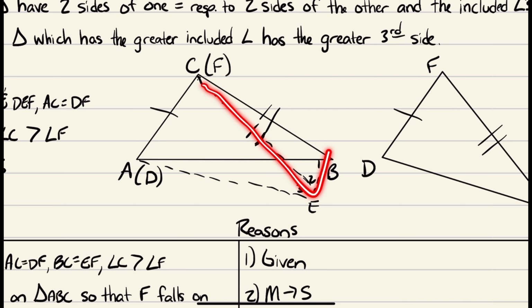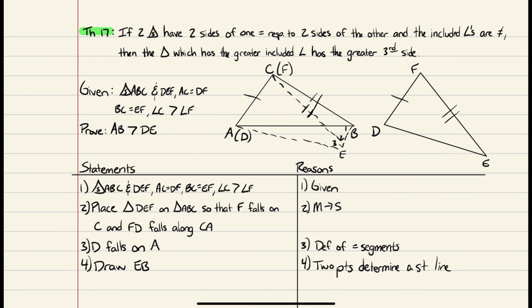And since this is an isosceles triangle, we know things about the base angles of an isosceles triangle. Angle B, this big angle out here, not angle 1 by itself, but the entire angle B, is equal to angle 2 here. They are both the base angles of this isosceles triangle.